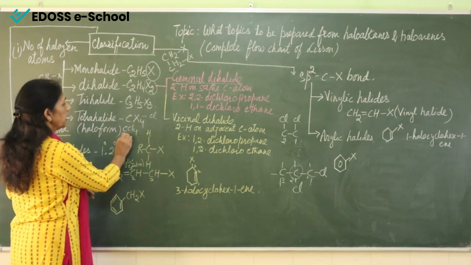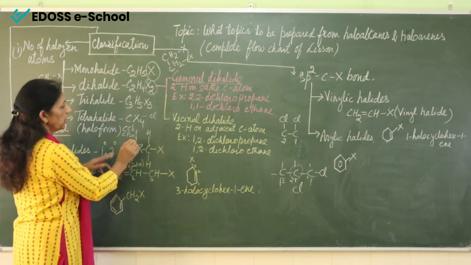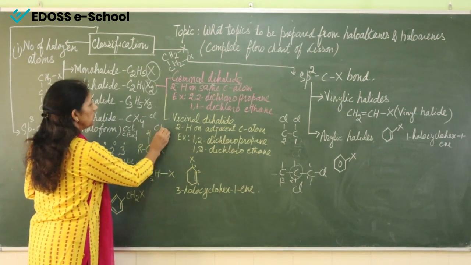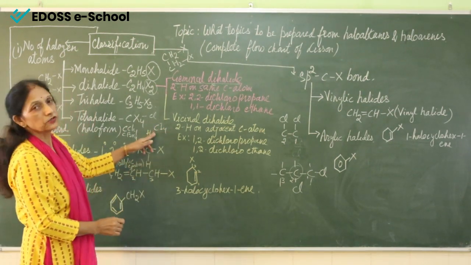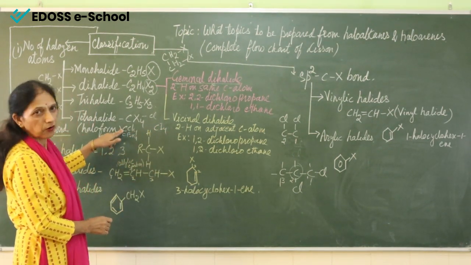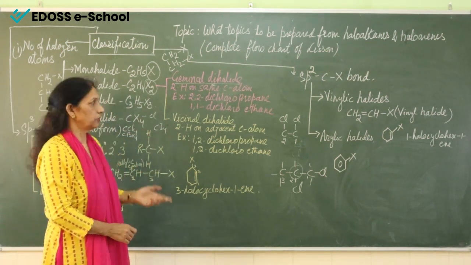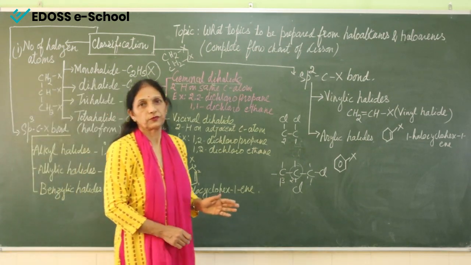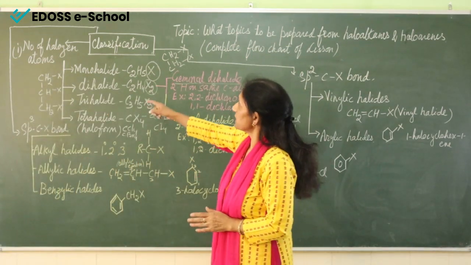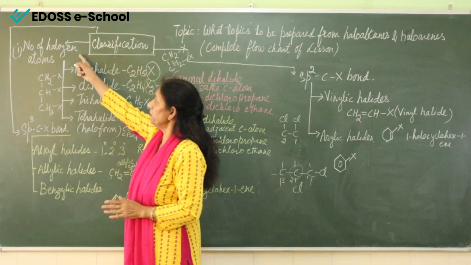If it is Br, we will call it CBr4. If it is I, then it is CI4. So this is chloroform, bromoform, iodoform, fluoroform. So this is the fluoroform. Okay, so this is the first type, on the basis of number of halogen atoms.